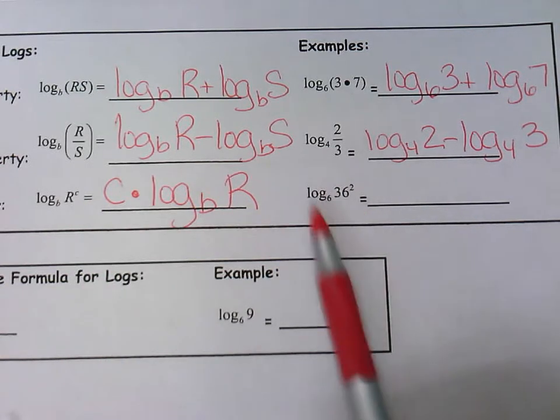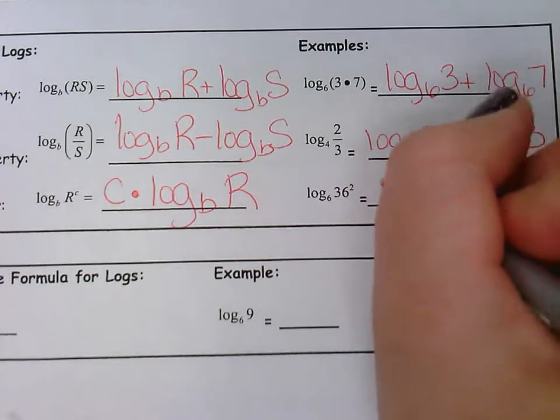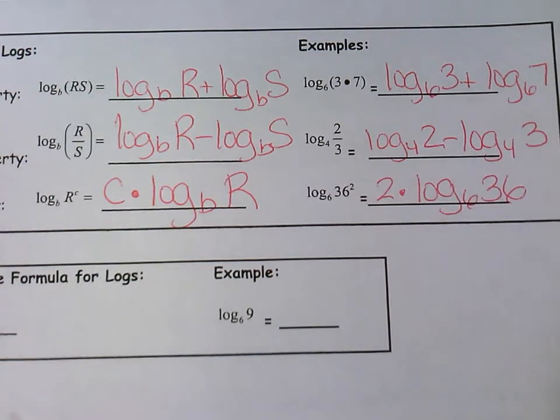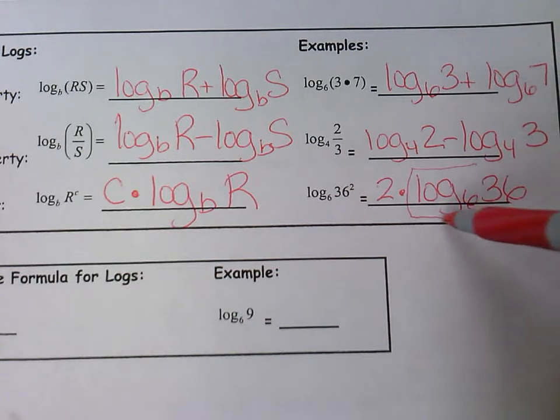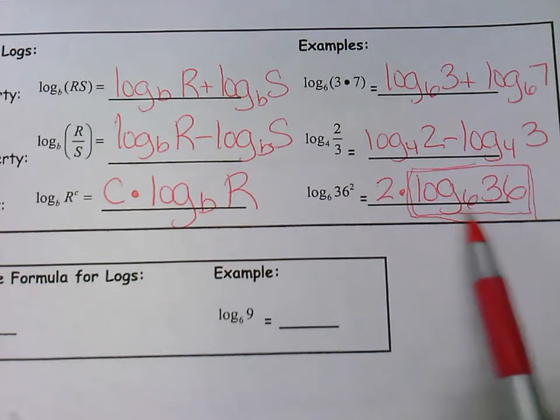So on this example, I don't know what 36 squared is in my head. That's a really big number, but I do know what 2 times the log base 6 of 36 is. What is the log base 6 of 36 if you did just that part of the evaluating? Isn't that just 2?